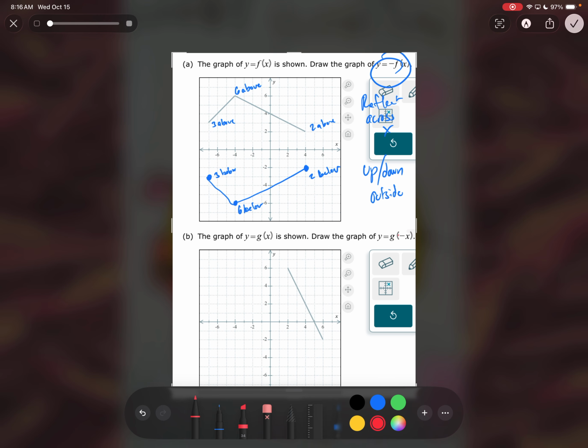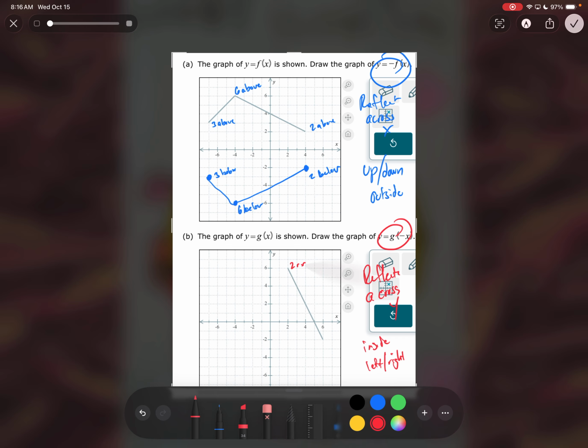All right, on the other one, it's on the inside. So technically it reflects across the y-axis. But the way I think about it is it's on the inside, so it's going to do stuff left to right. So the way it always works for these transformations. On this one, instead of going up and down, we go left and right.